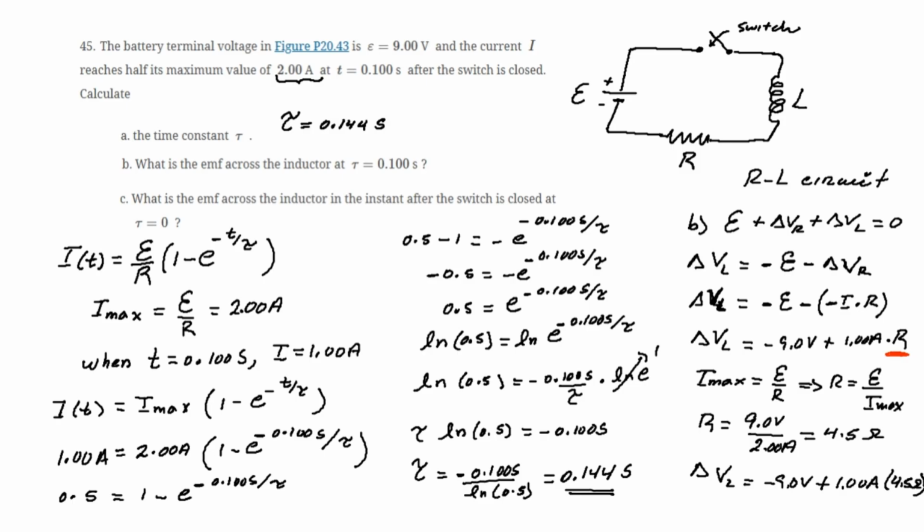So delta V across the inductor would be negative 9.0 volts plus 4.5 volts, which is negative 4.5 volts. So the variation of voltage across the inductor would be negative 4.5 volts.